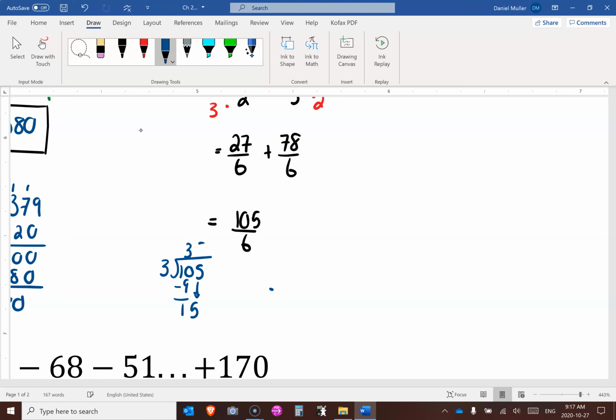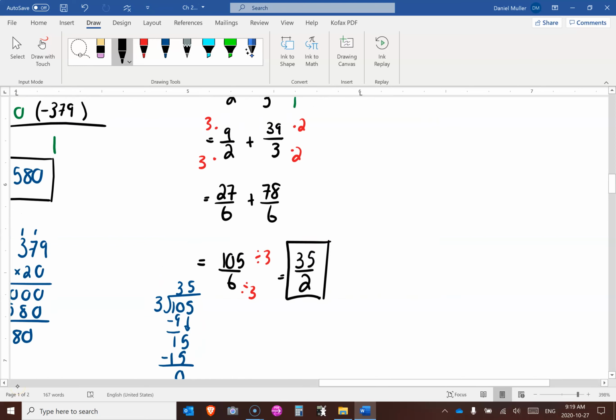Bring this down. 5. 5 times 3 is 15. So yes, these can both be divided by 3. And I'll get 35 over 2. Okay.